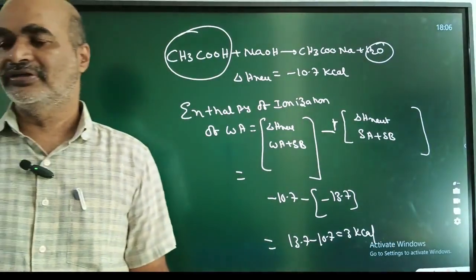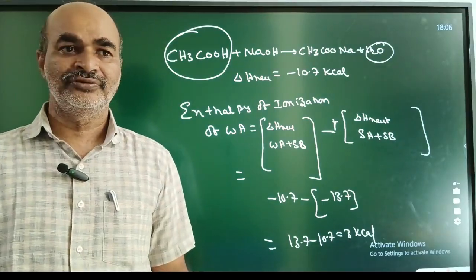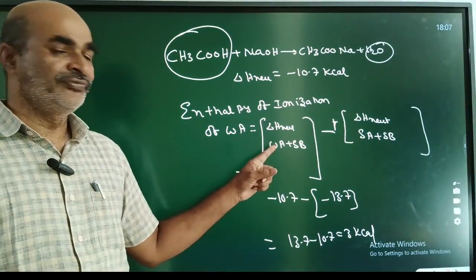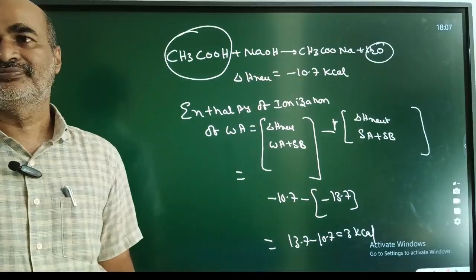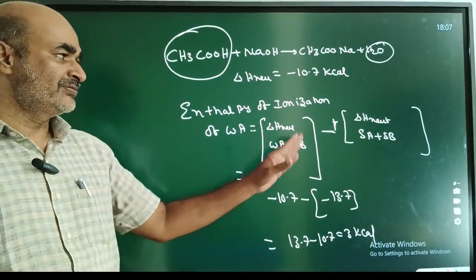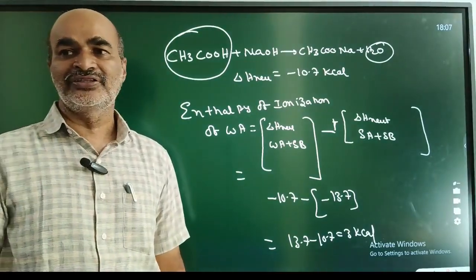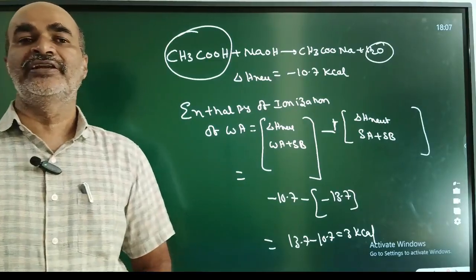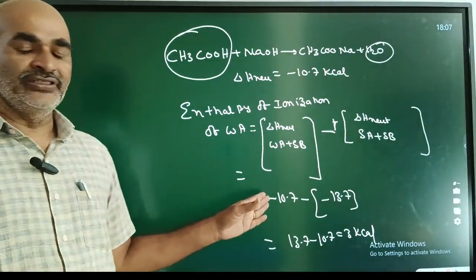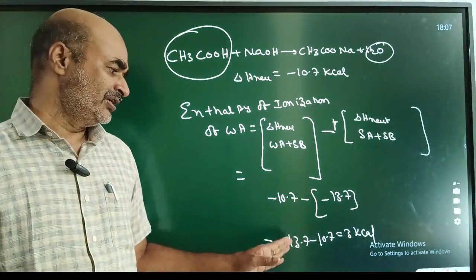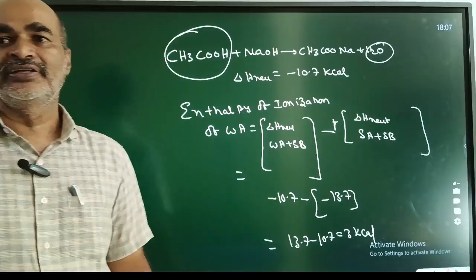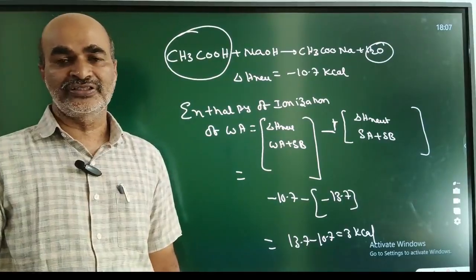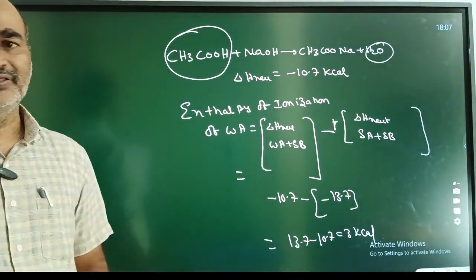So the enthalpy of ionization is the enthalpy of neutralization of weak acid plus strong base, minus that of strong acid plus strong base. Strong acid plus strong base is always constant at 13.7. This is 3 kilocalories per mole. Do you understand? This is called the enthalpy of ionization.